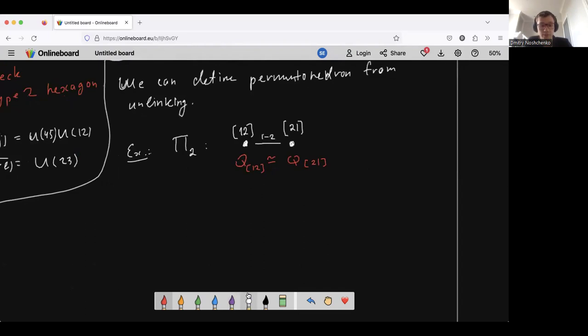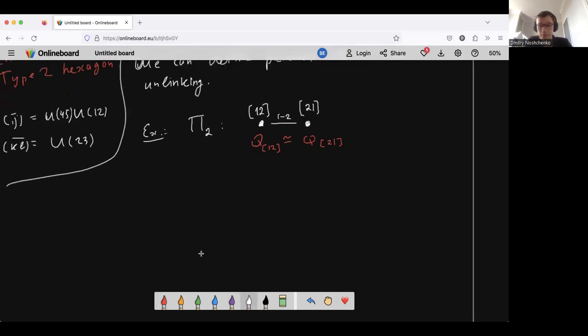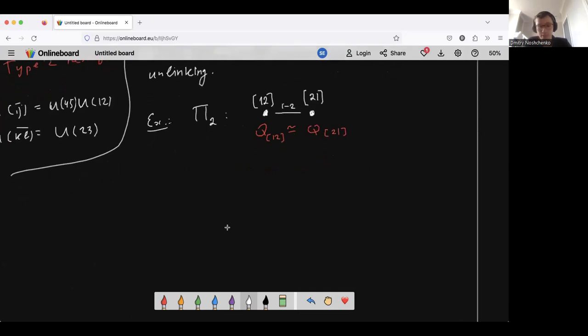And how can we generate such quivers? We can start very simply. This is basically what we had before, the hexagon relation. Let's start: maybe I can write some generic quiver Q here, and we can apply unlinking twice. But unlink what?